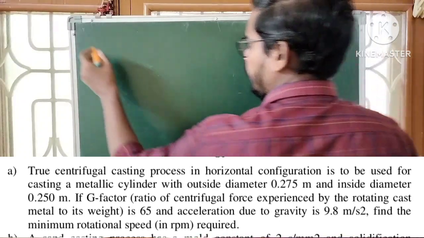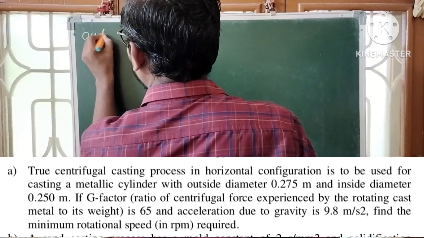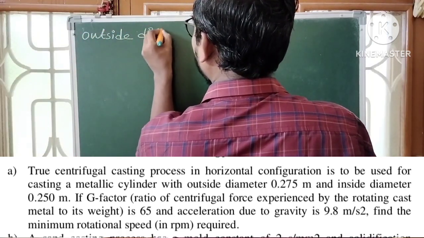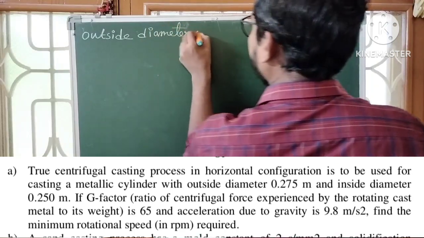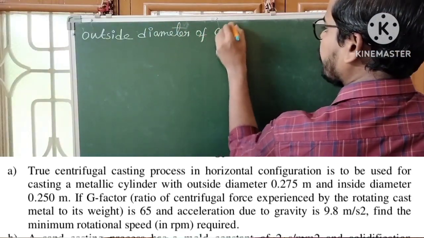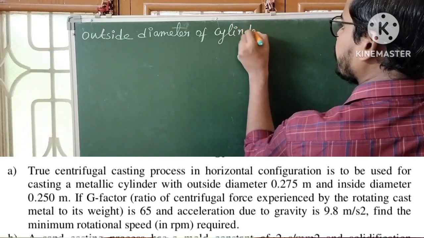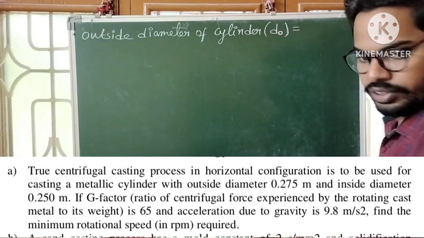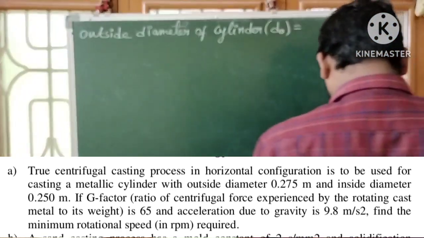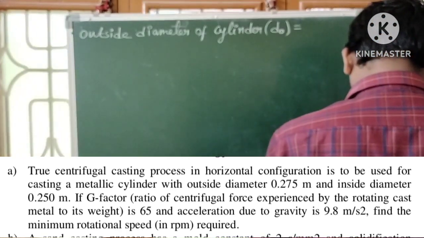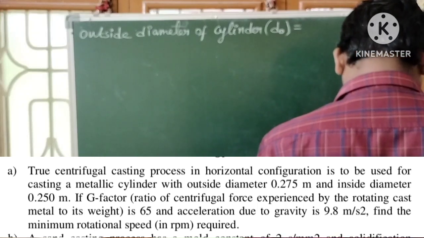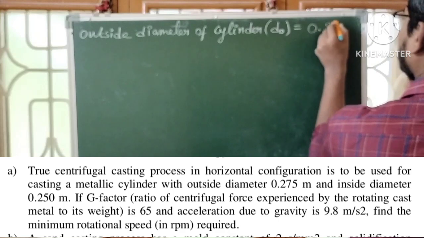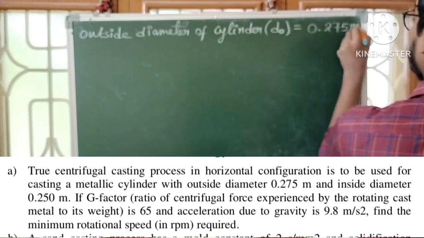First, let us write the outside diameter of the metallic cylinder. Let us say D0. D0 is equal to 0.275 meters.